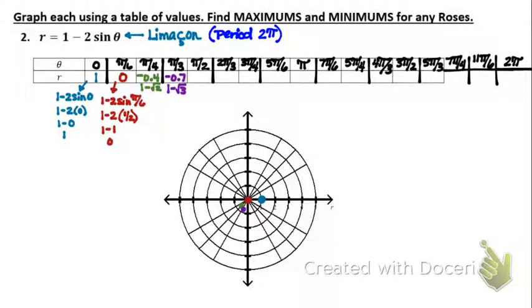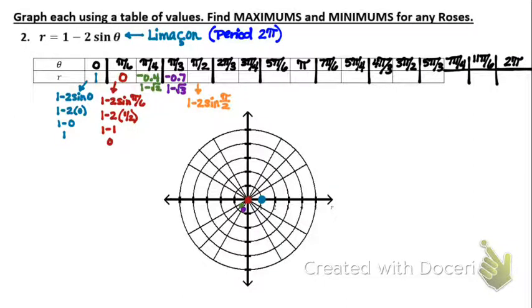What about when I use pi over 2 as my input? So I have 1 minus 2 sine of pi over 2.